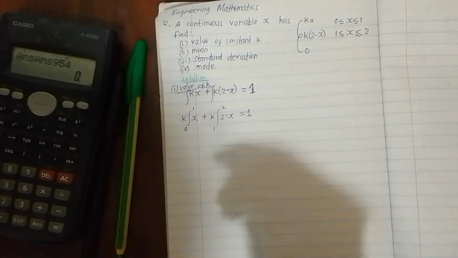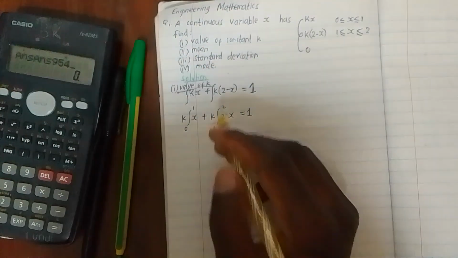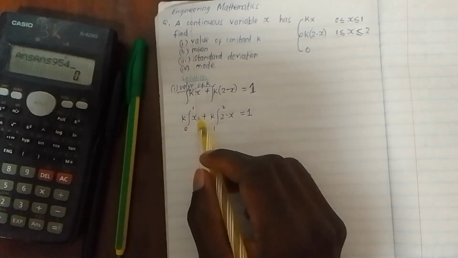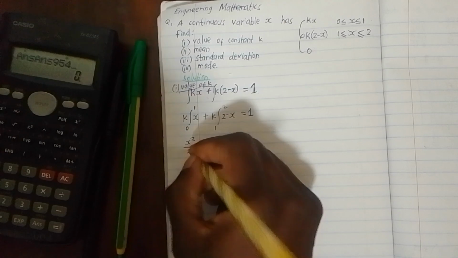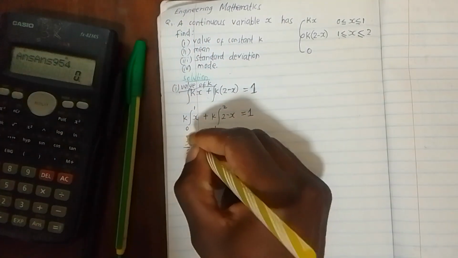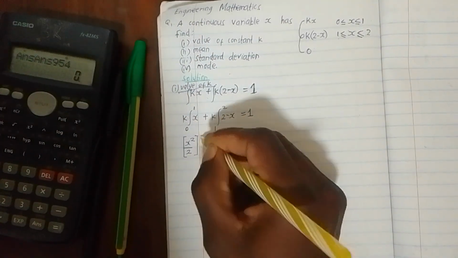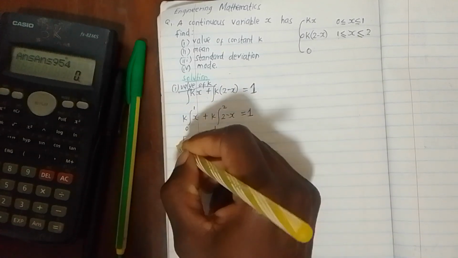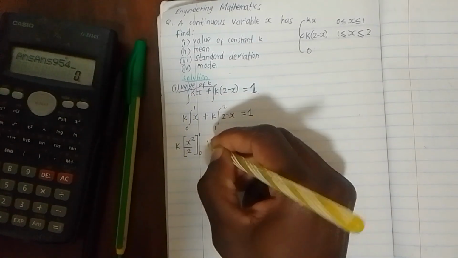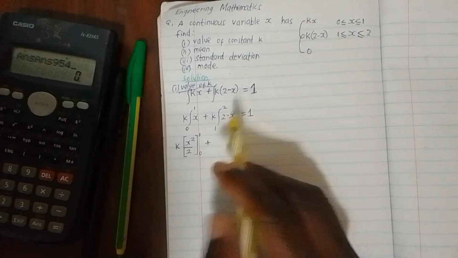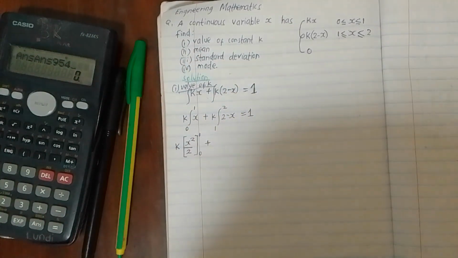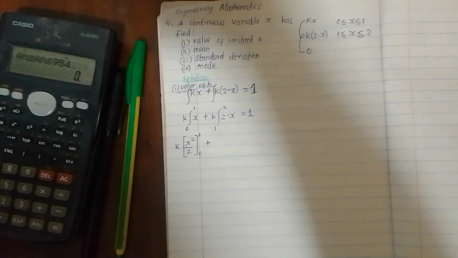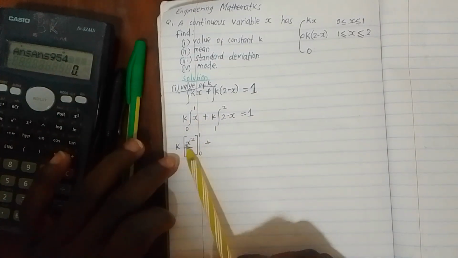Then you know how to integrate. So the next is, when we integrate x, we will get x squared over 2. Then the limits are 1 and 0. Then don't forget this k. Then plus, when you integrate, I hope you know how we have gotten this integration.